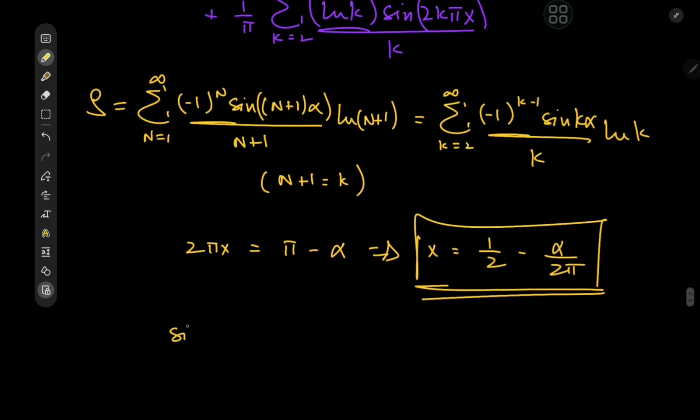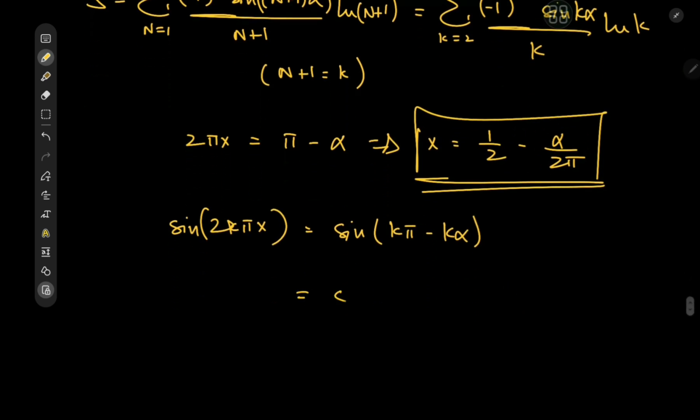Well, we have sine of 2k pi x, terribly sorry about that, now equal to sine of k pi minus k times alpha. And we did need a k times alpha term, so that's quite nice. So we have sine k pi times cosine k alpha minus cosine k pi times sine k alpha.